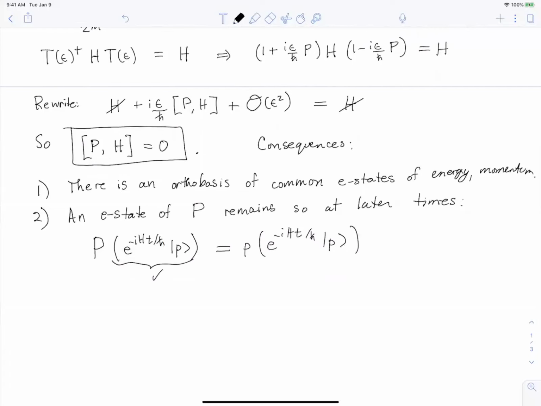Okay, and then the third consequence is that an expectation value of momentum for a more general state, not necessarily an eigenstate, is going to be conserved, meaning it's not going to change at all. So this is in any state.